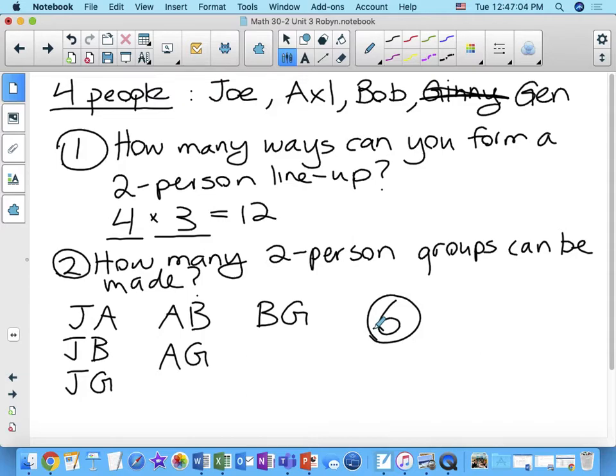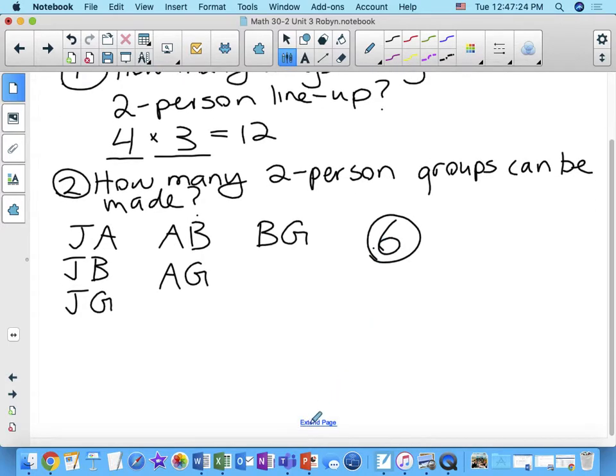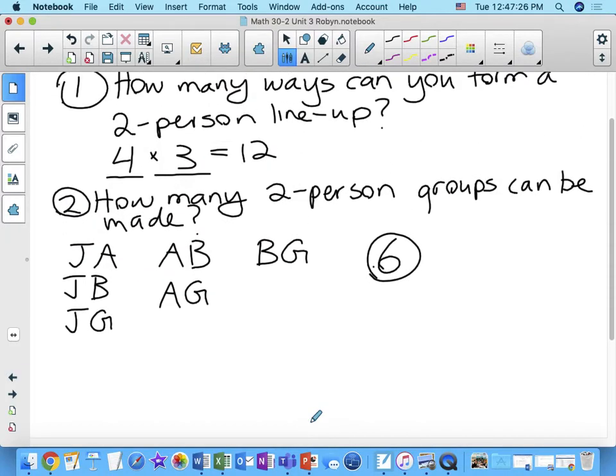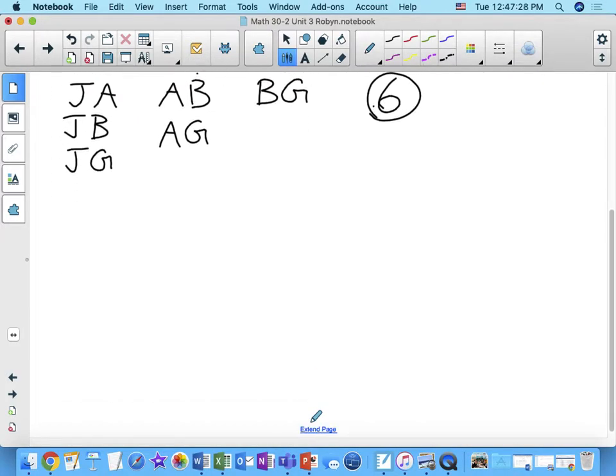Now, to actually figure out why, because this is a really simple example. We're looking at really, really small numbers here, and we're going to start to look at numbers that are much bigger than this. So what we really want to do is generalize so that we can apply what we've picked up here to much bigger problems. We're actually going to go back to the permutation formula and the combination formula.